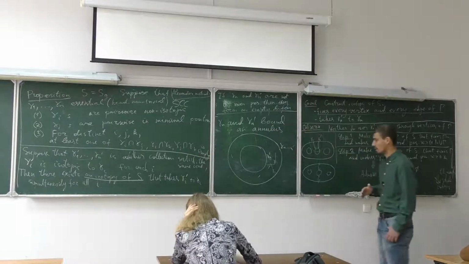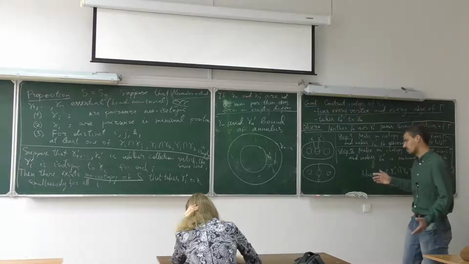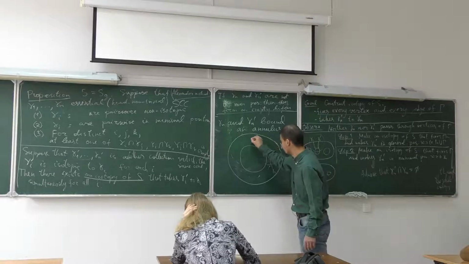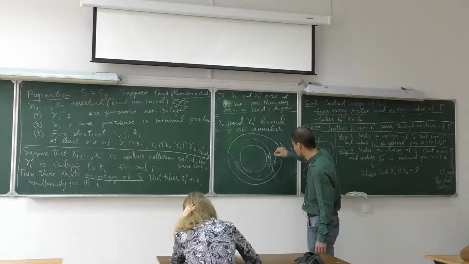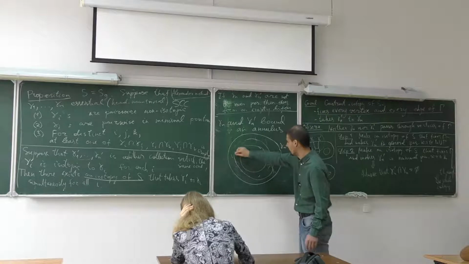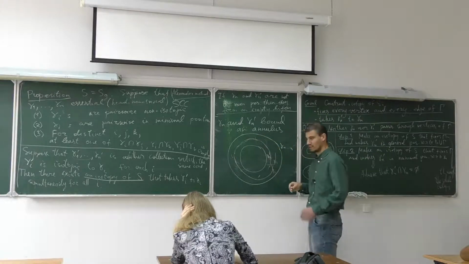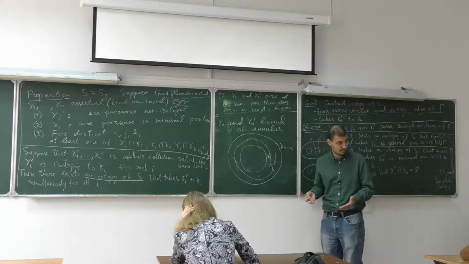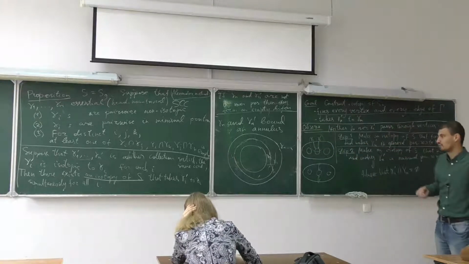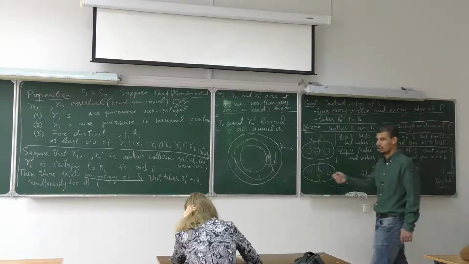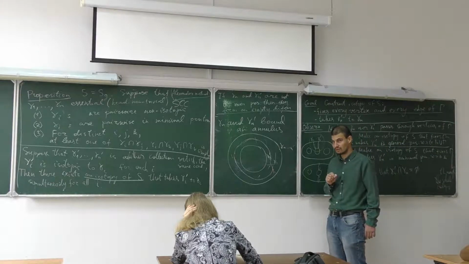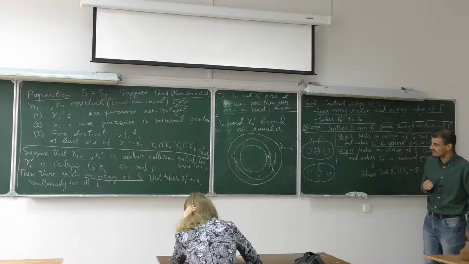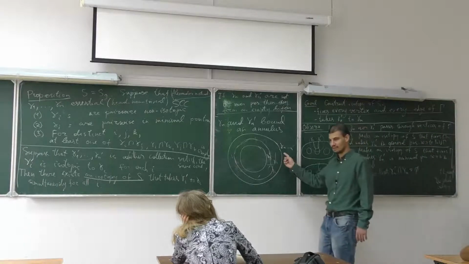So one of gamma i and gamma j, without loss of generality gamma i, is contained in the annulus. Now it is not true that any curve in the annulus is homotopically trivial. But up to isotopy in the annulus we have only one homotopically non-trivial curve, this one, and it is isotopic to the boundary.